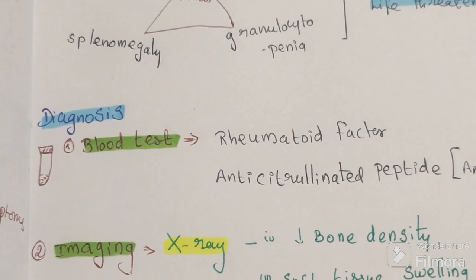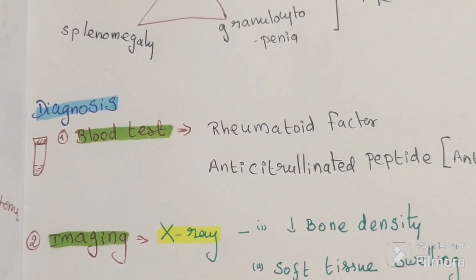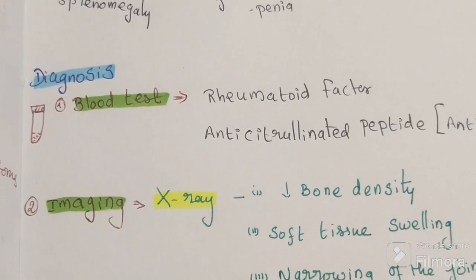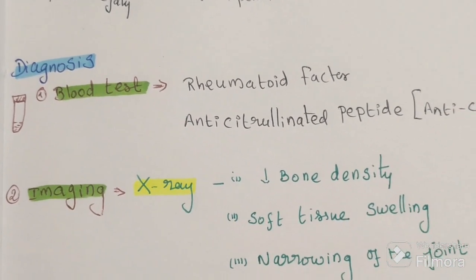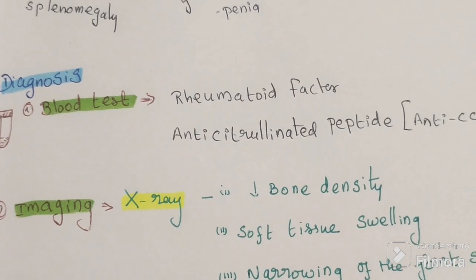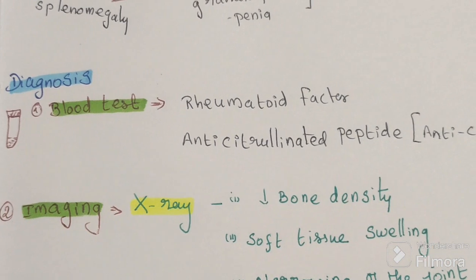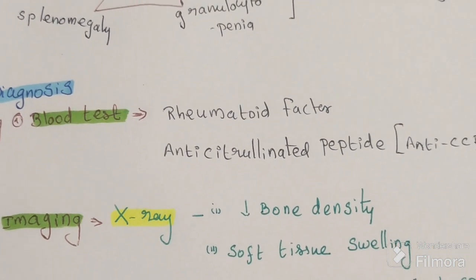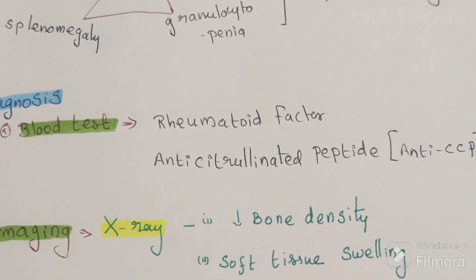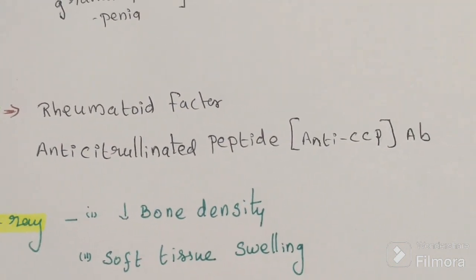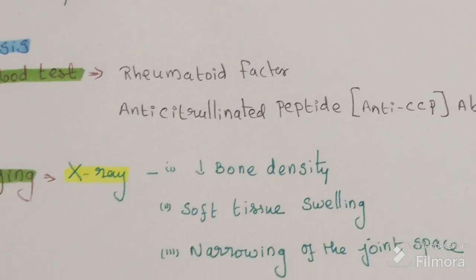Next is diagnosis, which usually involves confirmation by blood test, looking for rheumatoid factor and anti-citrullinated peptide antibody. By using blood tests, usually two things are investigated: one is rheumatoid factor and the second is anti-citrullinated peptide antibody.